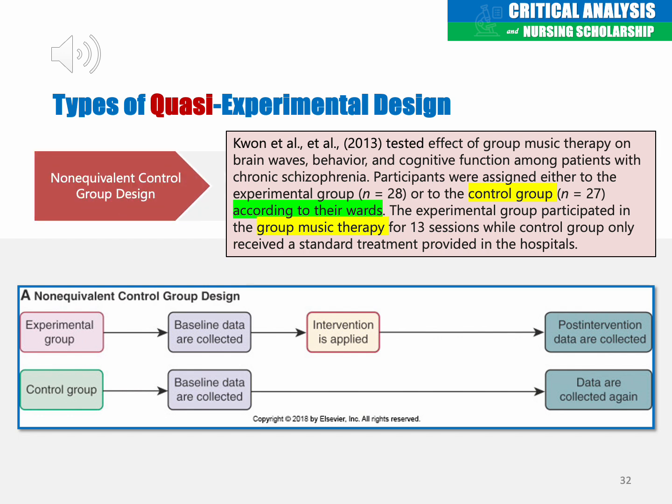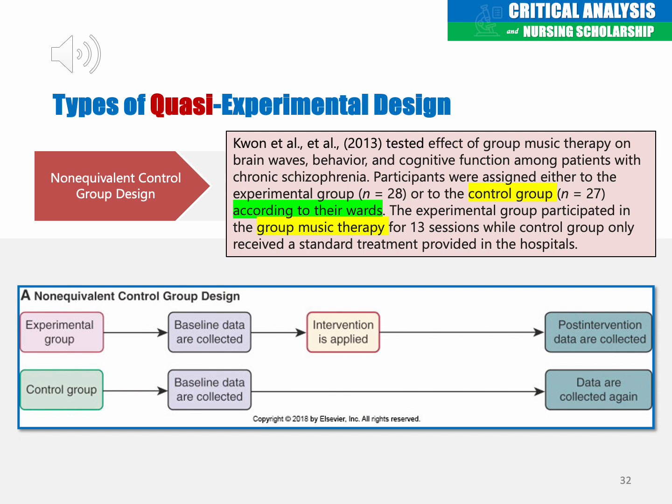The first type of quasi-experimental design is called non-equivalent control group design. I want you to pay attention in the slides right now, in the lower part. Subjects in these research designs are assigned to intervention or control groups without randomization. The outcomes of the two groups are compared.